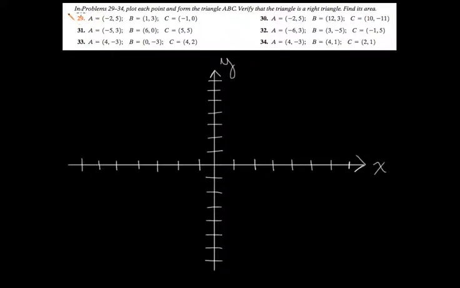Let's start with 29. A is negative 2 and 5. So here's negative 2, 1, 2, 3, 4, 5. Here's A. B is 1, 3. Here's B. And C is negative 1, 0. So the triangle looks like this.